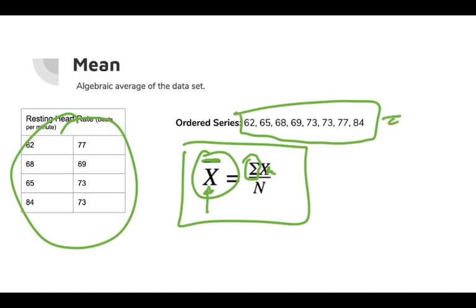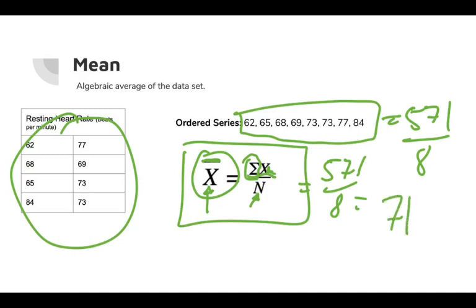And for us, this adds up to 571. And then I'm going to divide it by the total number of values in the sample. And for us, that's 8. Okay, so this is going to be 571 divided by 8, which equals 71.375. And that's the mean.